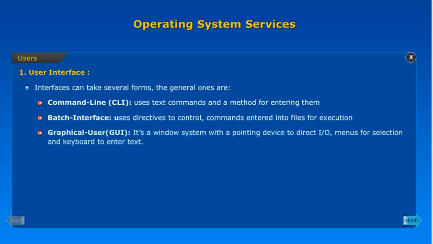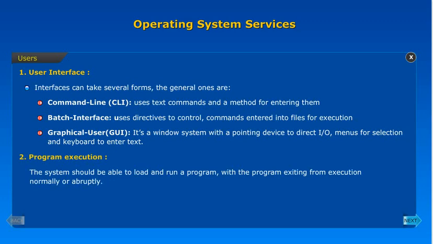Graphical user interface (GUI) is a window system with a pointing device to direct I/O, menus for selection, and keyboard to enter text. Program execution. The system should be able to load and run a program with the program exiting from execution normally or abruptly.